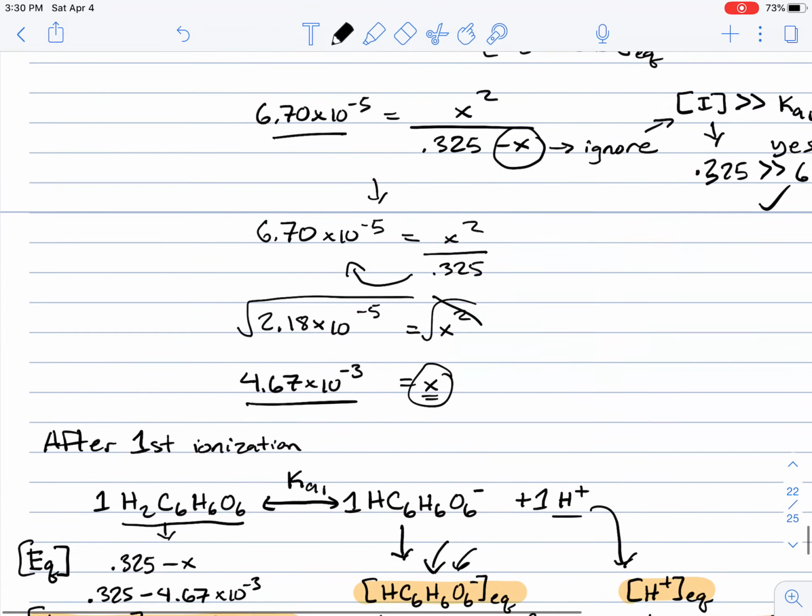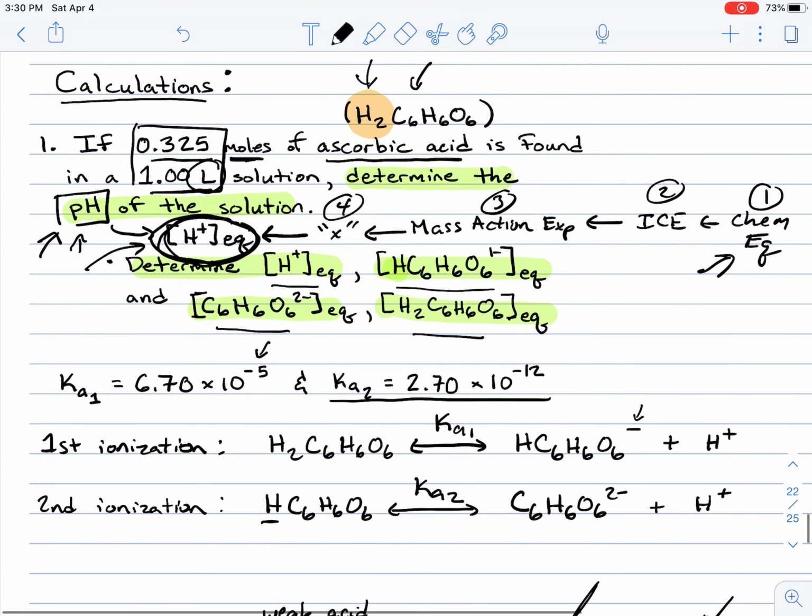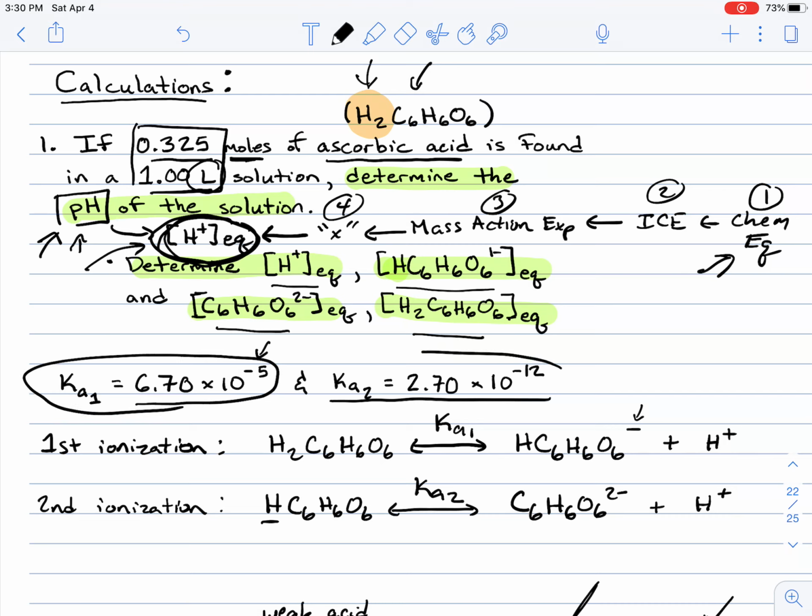And so if I scroll all the way up at the very beginning of this problem, here we have 6.70 times 10 to the negative 5. And if you look at the second ionization, its relative strength is 7 orders of magnitude less than the first. And so this is telling you that it's a very small population, an infinitesimal small amount of that population of the conjugate base will actually ionize one more time to produce another H+.